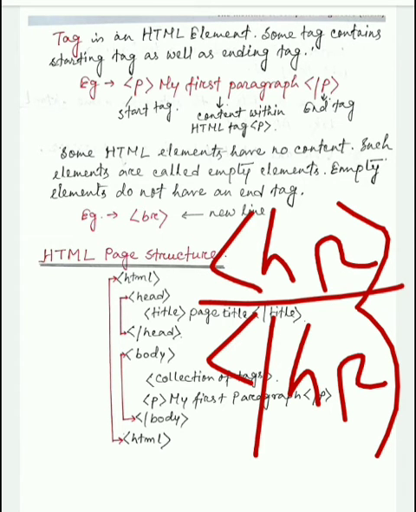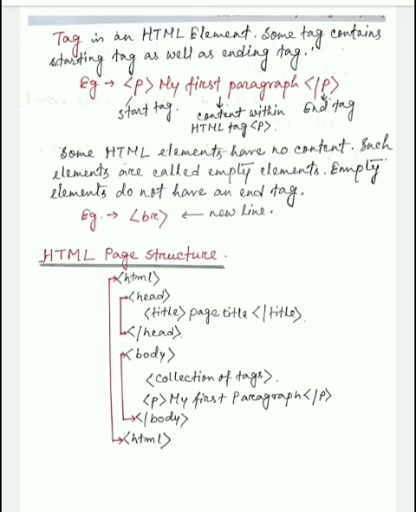If you give HR, it will only display one horizontal line. So in this way, there are some more empty tags, but most of the tags have an end tag. That means most of the tags are container tags. Okay, we will learn different tags when we learn how to write the HTML code.